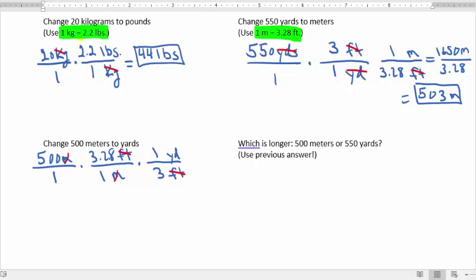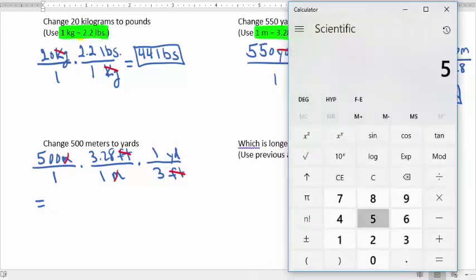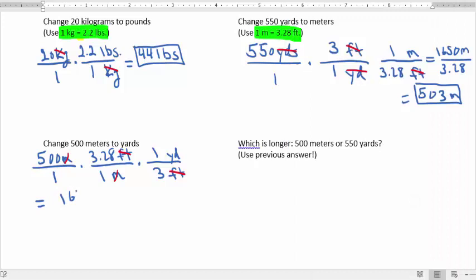So I do 500 times 3.28, which is 1640. So this is going to be 1640 yards divided by 3.